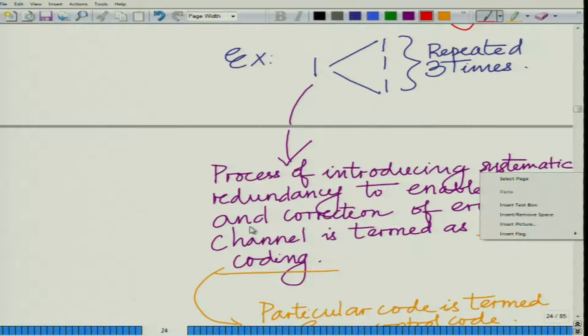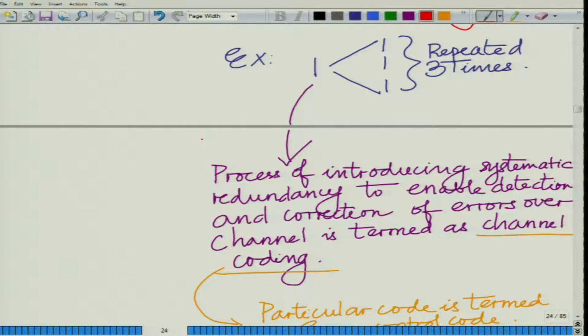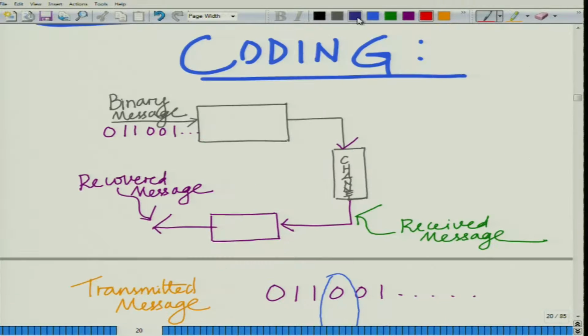Okay, so naturally when you employ encoding at the transmitter, you have to employ decoding at the receiver. So these blocks constitute your channel code. Let's now fill in these blocks: this is your encoder, and this is the corresponding decoder.